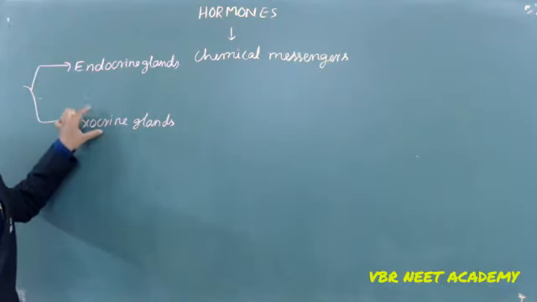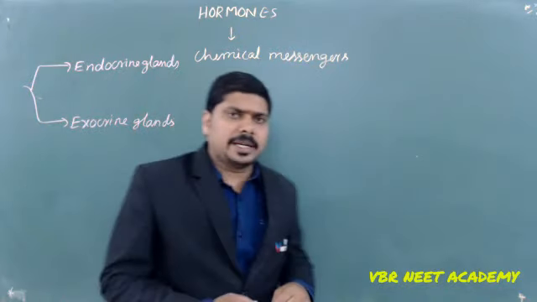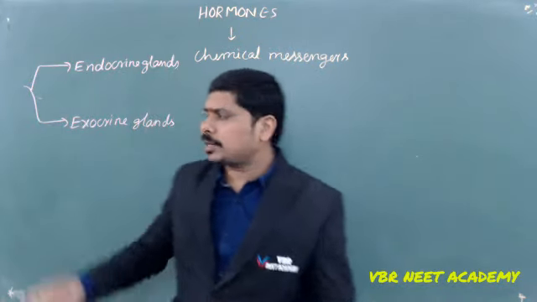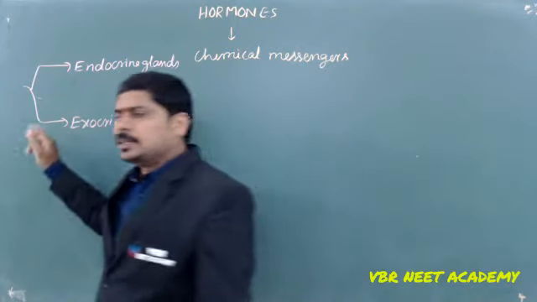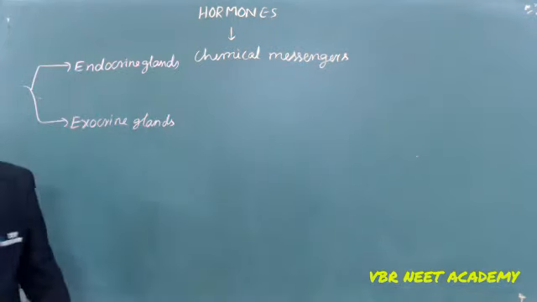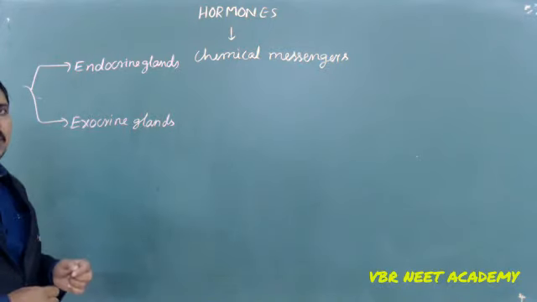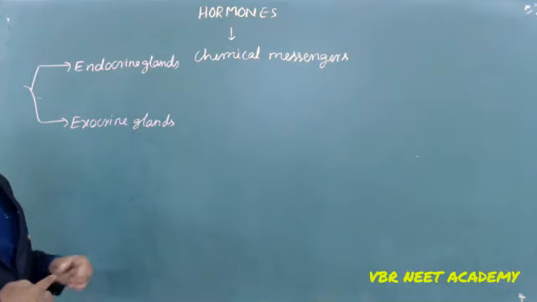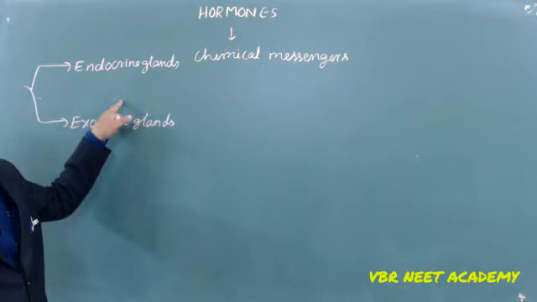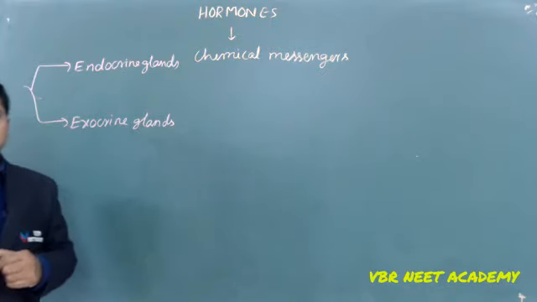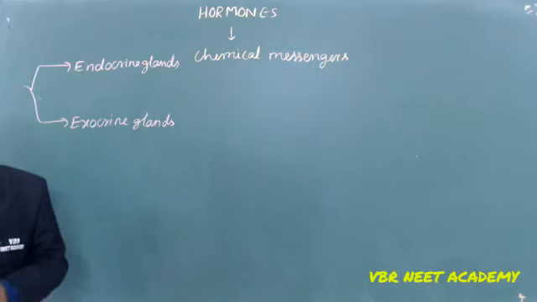Exocrine glands give their secretions into ducts, so they are called ducted glands. Endocrine glands have no ducts, so they are called ductless glands. These ductless glands produce their secretions directly into the bloodstream.